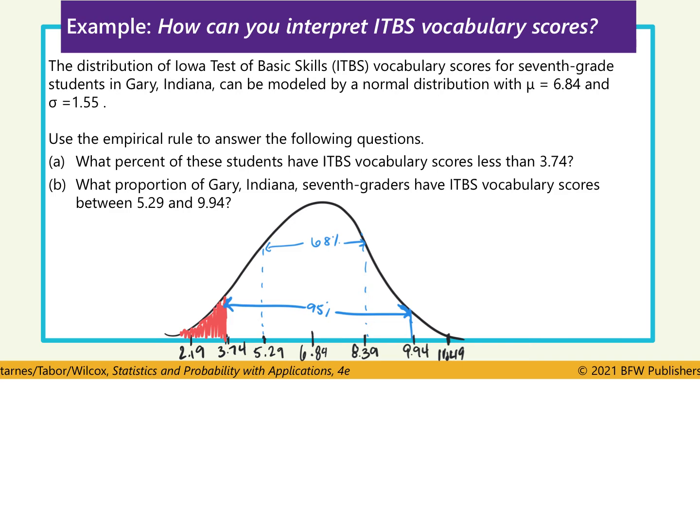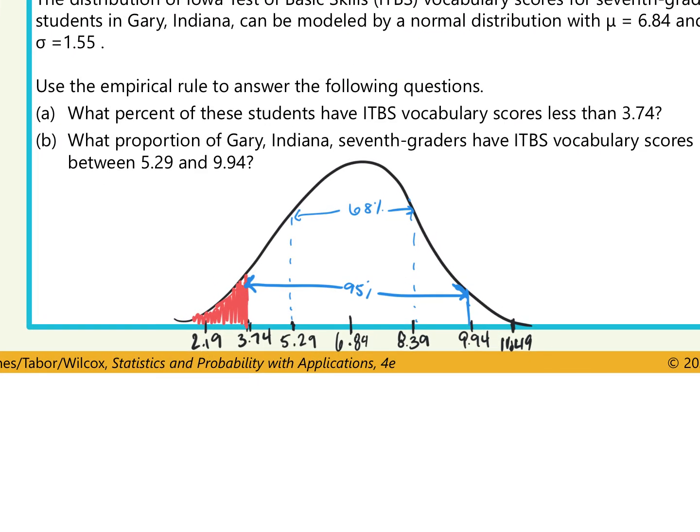Is that 11.49? Yes. So we're interested in what percent is this? What do we know? No, I don't want you to put it in the calculator yet. We want to learn to do this without the calculator.